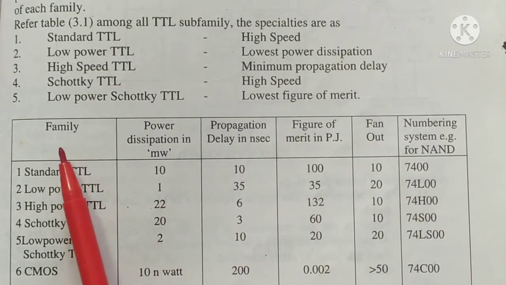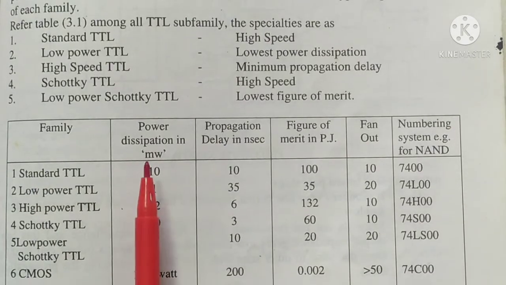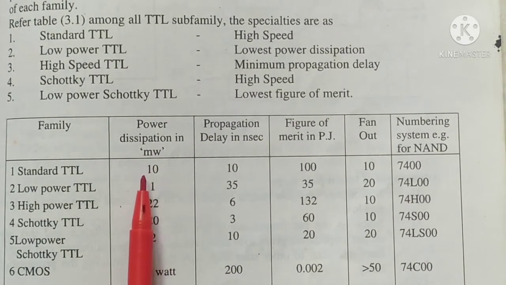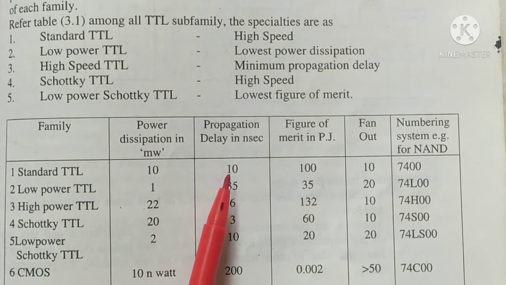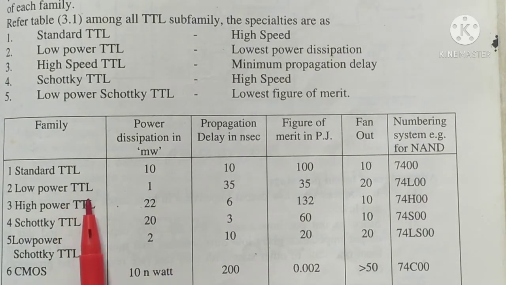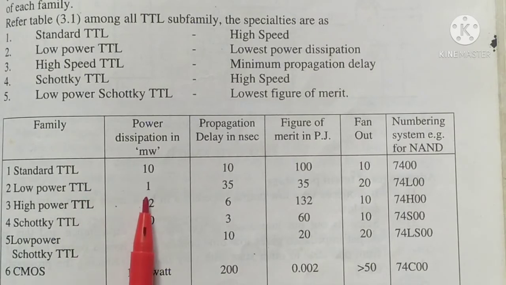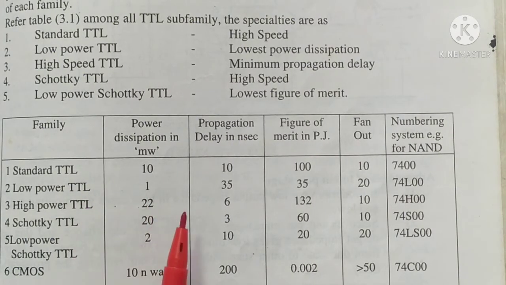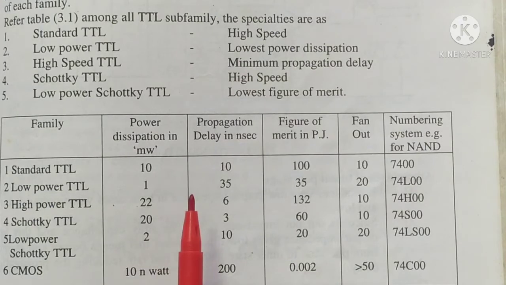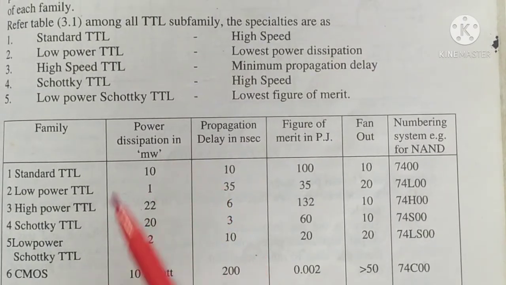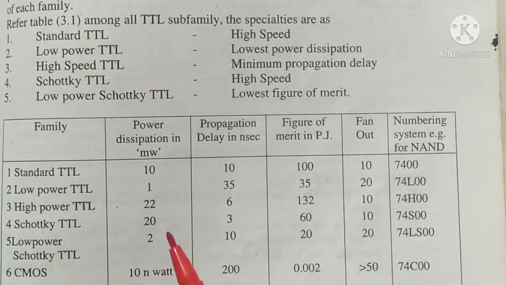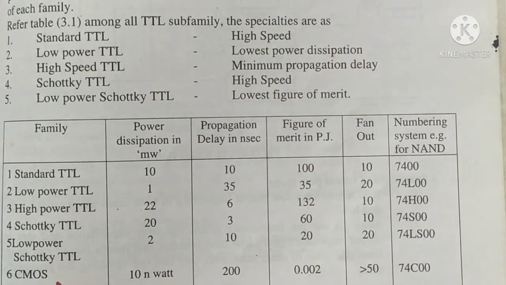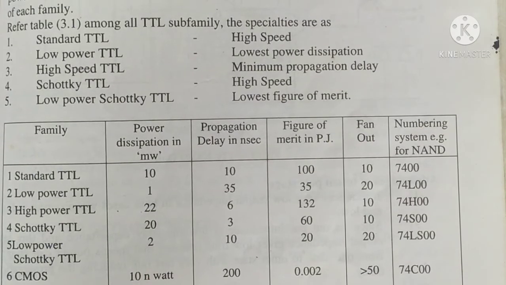For example, the TTL standard family having power dissipation is about 10 milliwatt, while propagation delay is about 10. But in case of low power TTL, power dissipation is about 1 milliwatt only. Means if you observe carefully, in this all, starting from standard TTL to CMOS, this CMOS family having lowest power dissipation, it is in nanowatt, 10 nanowatt.